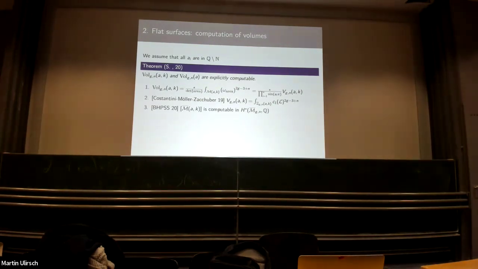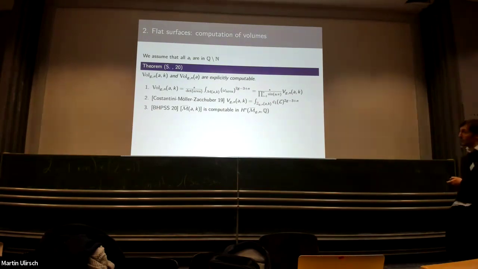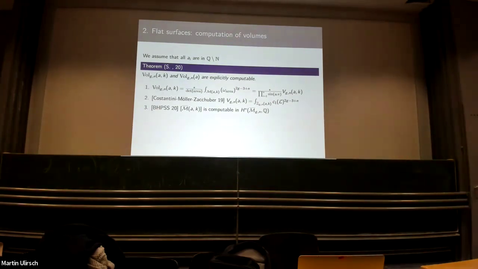Now I have to shorten the names to make the slide nicer. It's by Holmes, Schmitt, and Schwarz. They gave a way to express the cohomology class of the closure of this moduli space of k-differentials inside M_{g,n} bar, where M_{g,n} bar is the usual algebraic compactification of M_{g,n} by stable curves. They gave a way to compute this class.